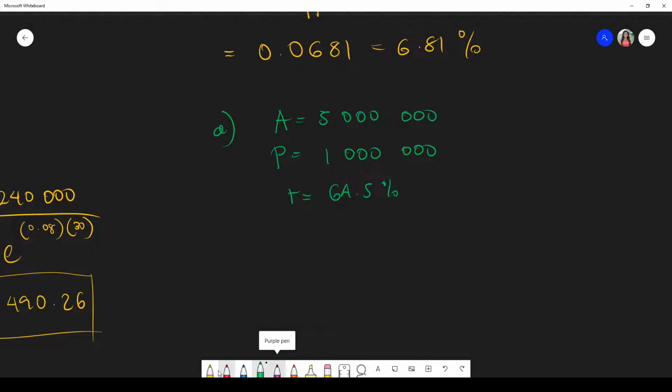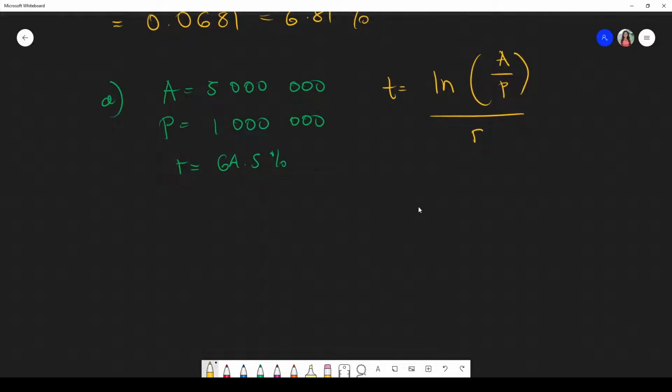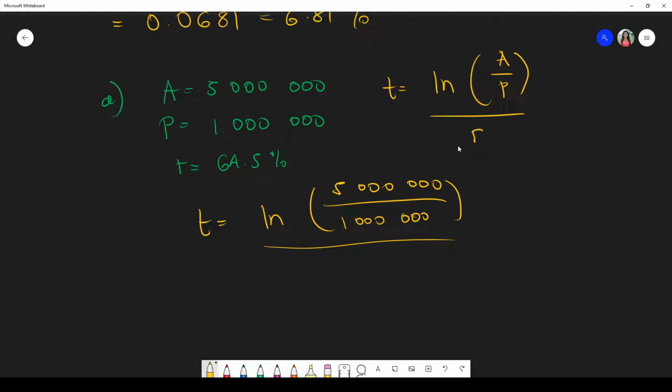Now, again, the formula for T looks the same as the formula for R, but instead of dividing it all over by T, we divide this all over by R. So our equation now would look like T is equal to the natural logarithm of 5 million all over 1 million, which is the initial population, divided by the rate of the growth. But again, if we're using R in our equation, it has to be in the decimal form.